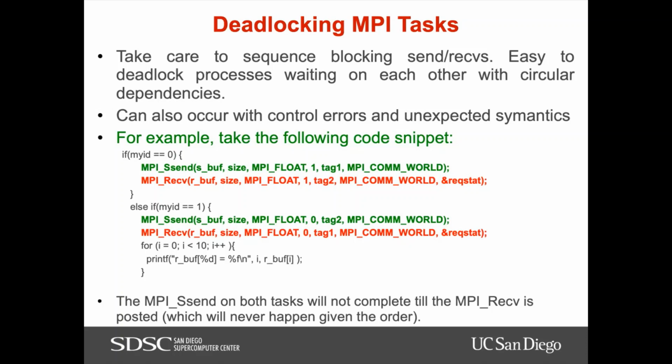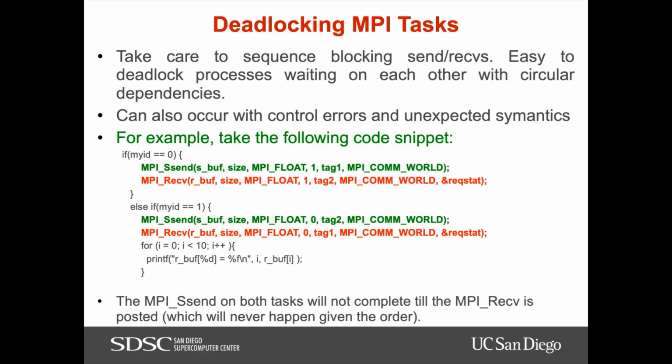For example, if you do a synchronous send, which waits for the confirmation of the receipt, from process 0, and then have another send from process 1, and both the receives are after the sends, they will not complete because they'll be waiting for the receive to post for both of them.